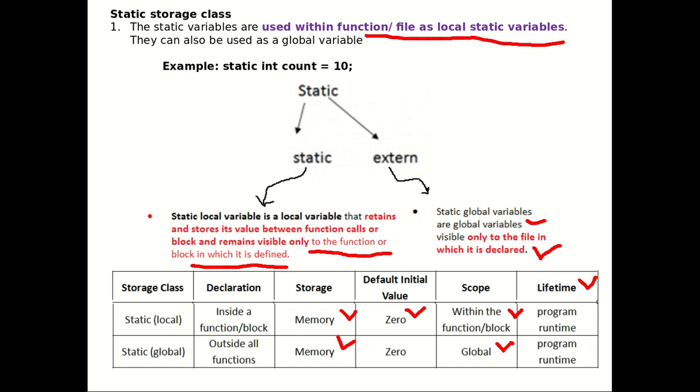So within all the blocks and all the functions, we can access the global static variable. The lifetime of this variable is the program execution. As soon as the program execution completes, that is the runtime environment is destroyed, that variable will be destroyed.